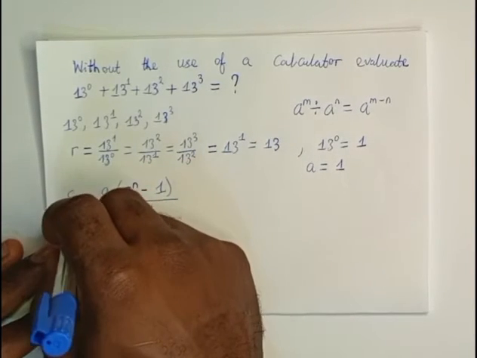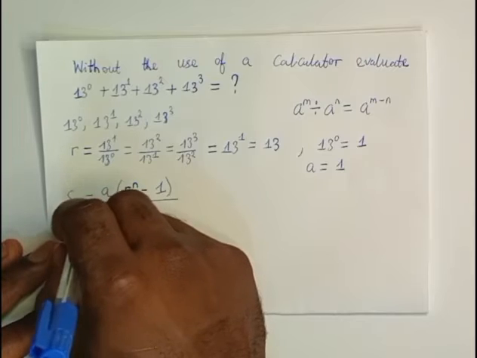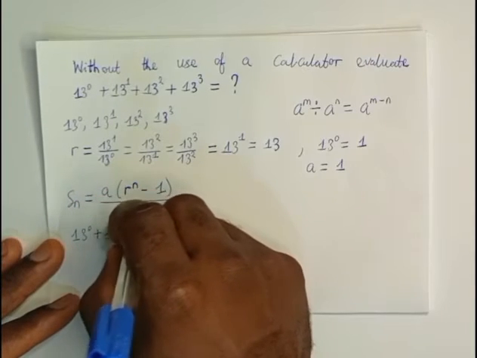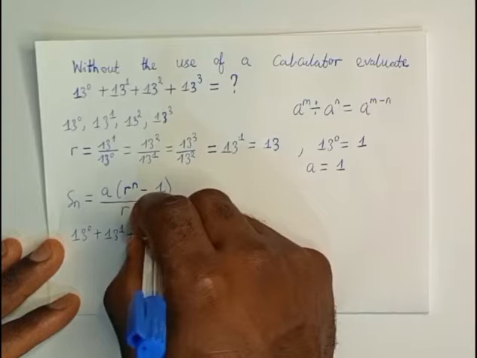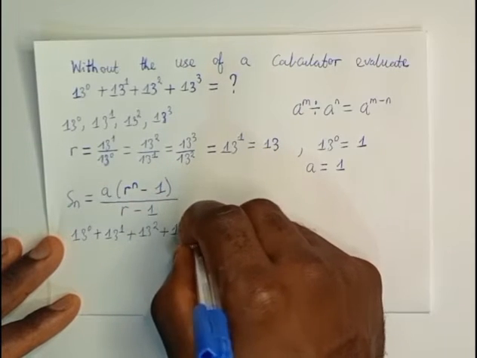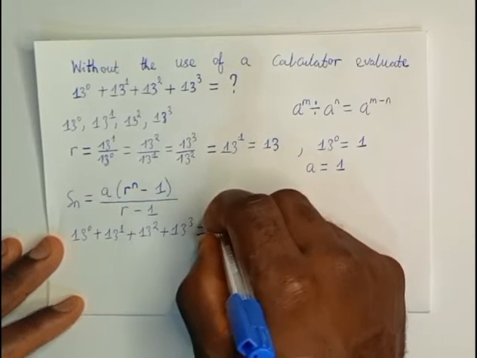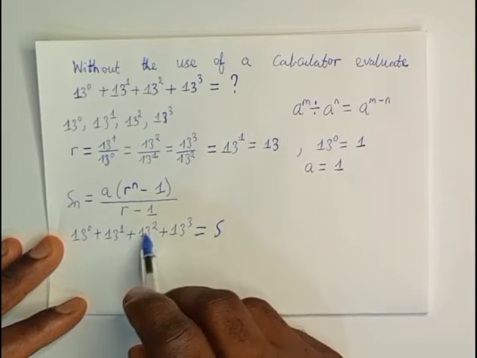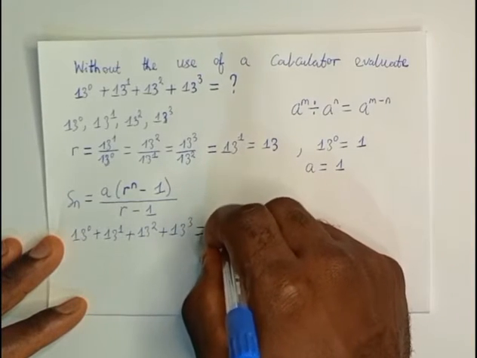It simply means 13 to the power 0 plus 13 to the power 1 plus 13 to the power 2 plus 13 to the power 3 is equal to S. We count 1, 2, 3, 4. S4.